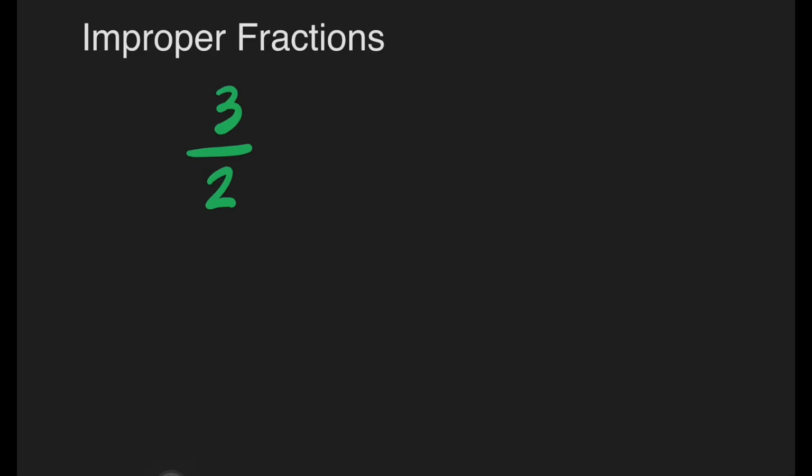Remember that the number at the bottom is our denominator. The denominator tells us the number of parts the whole is divided into, while the numerator is the number of shaded, taken, or eaten parts.